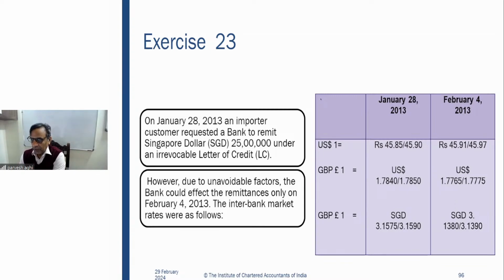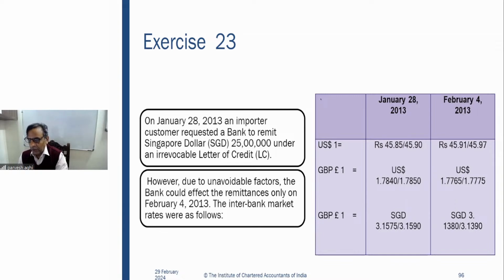And then he's going to buy pound and convert the money into pound. And then lastly, he's going to convert it into Singapore dollars by buying Singapore dollars. So the last quote is for buying 1 pound, so you have to convert it in terms of buying 1 Singapore dollar. This way he'll be able to achieve his desired result.